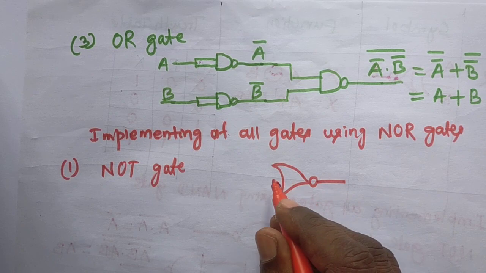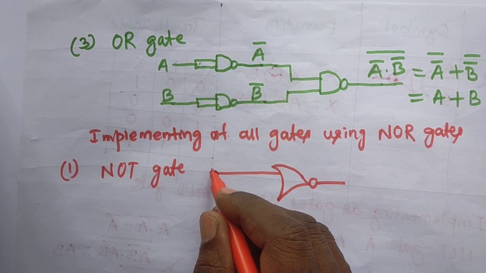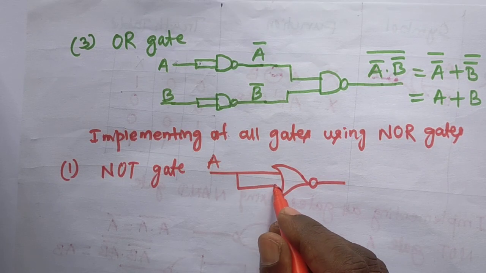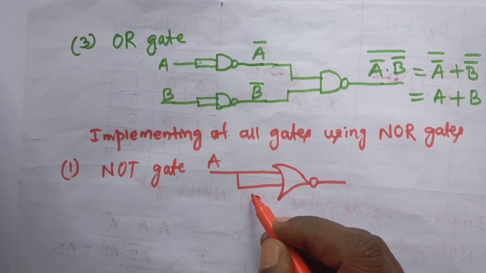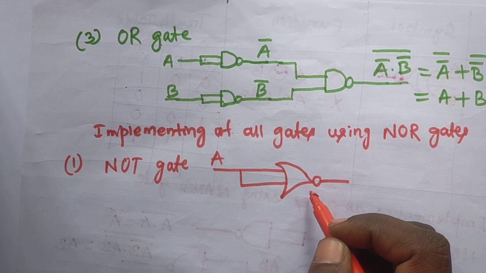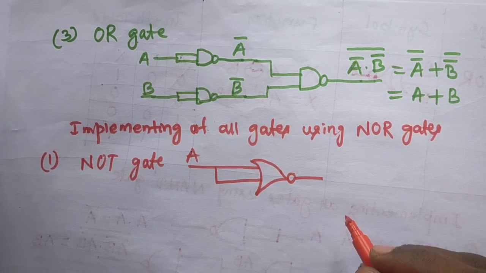This is the NOR symbol. Okay, and here you see, here is A value, two values of A provided to the NOR gate. Then what is the result? What kind of result do we get?